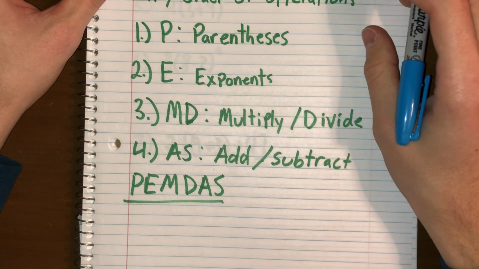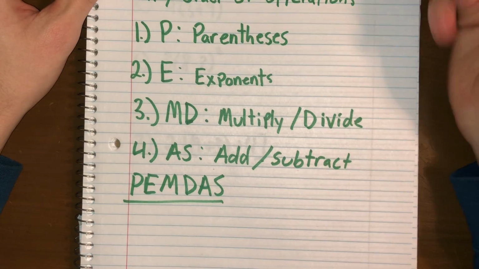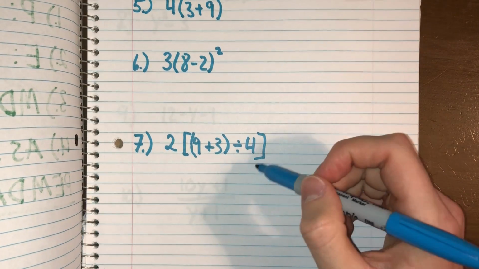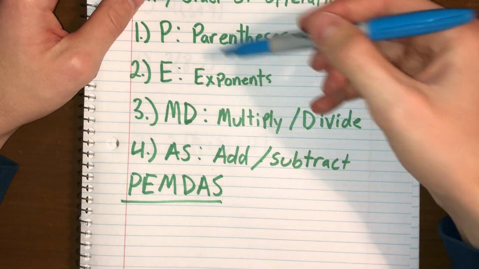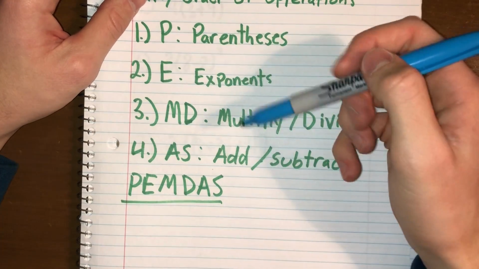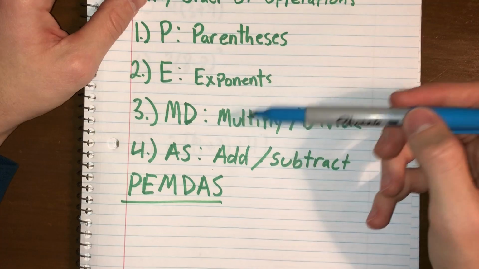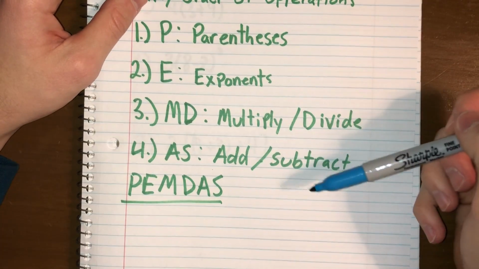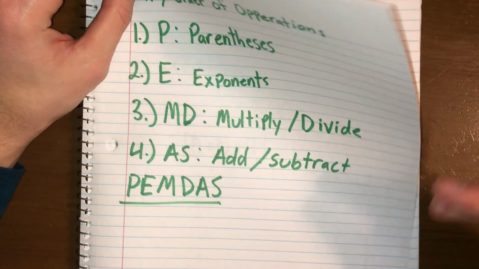And all this really stands for is the P is for parentheses or any other kind of bracket, such as this larger bracket here, and then you got parentheses. So you work through your parentheses first, and then after parentheses you move on to exponents, and then after exponents you'll do your multiplication and division, and then finally you do addition and subtraction. So again, that's please excuse my dear Aunt Sally.